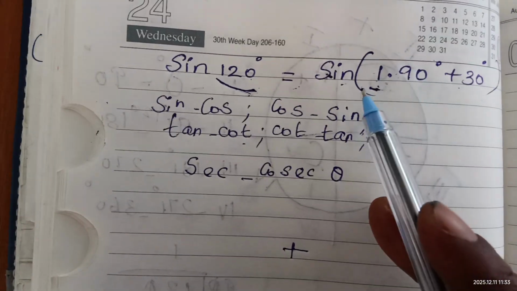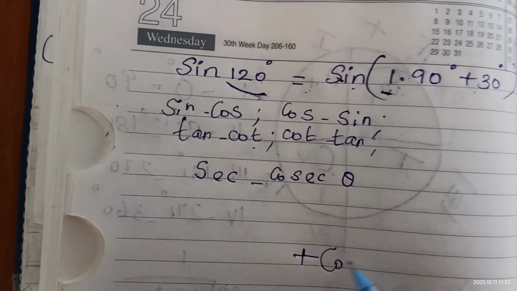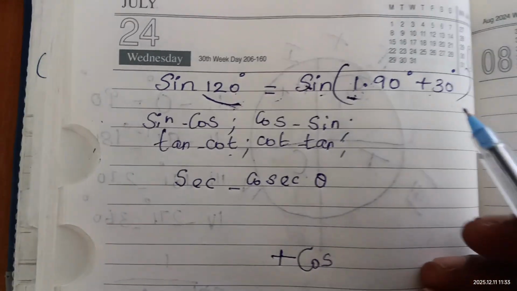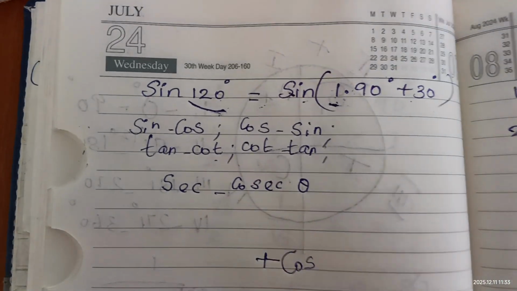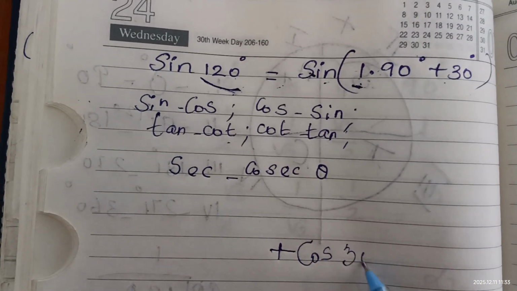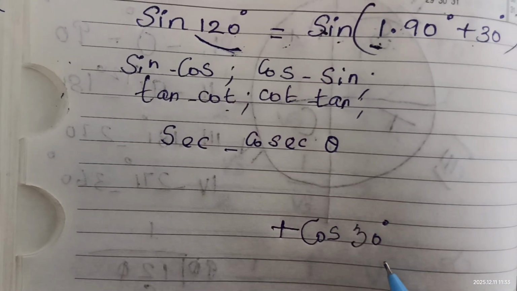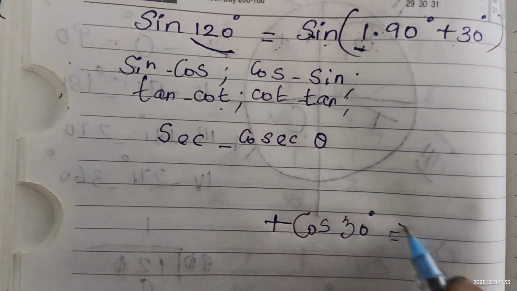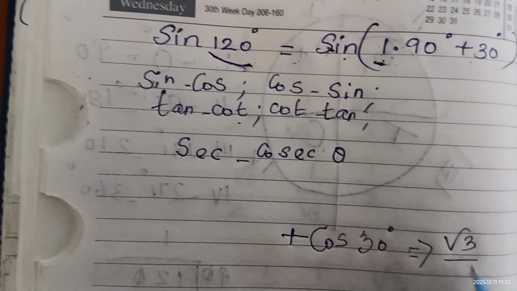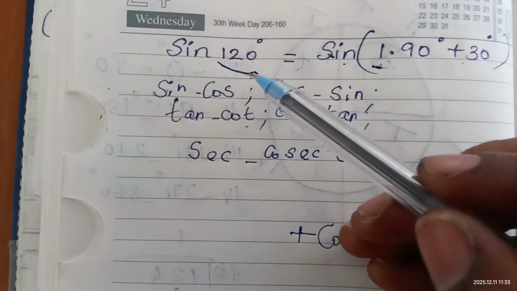Since the number is odd, sine changes to cos. So cos and the remaining value you have to write 30 degree. Okay, what is the value of cos 30 degree? Good, root 3 by 2. So, this is the value of sine 120 degree.